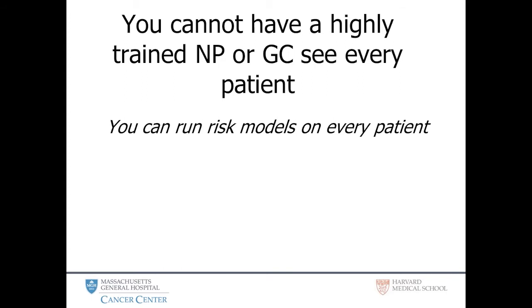So this idea that we can run a risk model on every patient coming through breast imaging, breast surgery, and medical oncology should allow us to get a good first pass at who the highest risk individuals are, get those higher risk individuals off to the genetic counselor or nurse practitioner, and have those people managed by that group, because they're getting to where they need to be to get proper management. So think about what happens in breast imaging or medical oncology as a screening family history to get the patient over to the counselors who can do it more thoroughly.